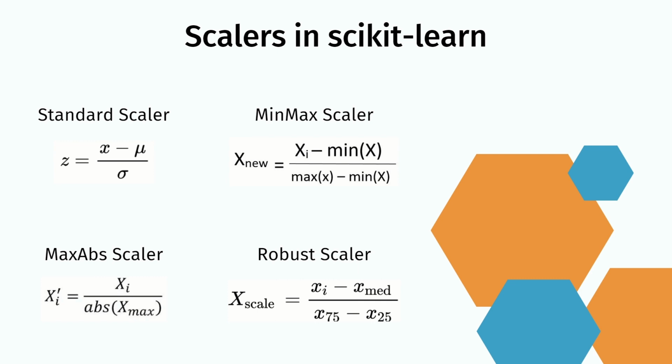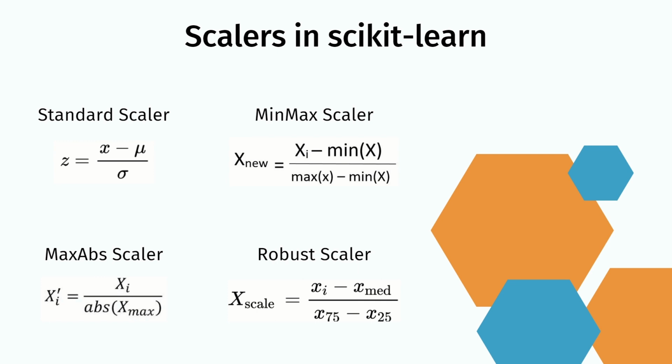Then we have min max scaler, in which the x new is given by xi minus minimum of x, the complete feature, divided by maximum minus minimum of the complete feature. So as the name suggests, min max scaler: you're going to use the minimum and the maximum value of that specific feature and get the new value based on that.